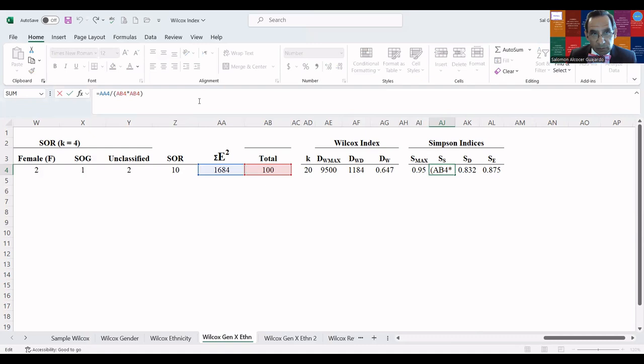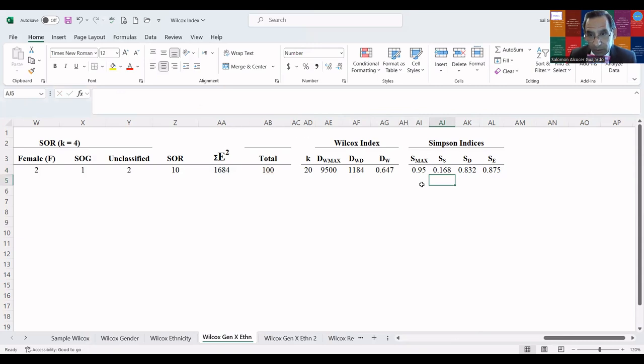Here, remember, there are multiple ways to calculate the Simpson dominance score or concentration score. What I did here, remember, I have the frequency squared, so it's the frequency squared minus the total number of individuals squared. So the formula has AA4, which is 1684 divided by 100 times 100, big N squared.